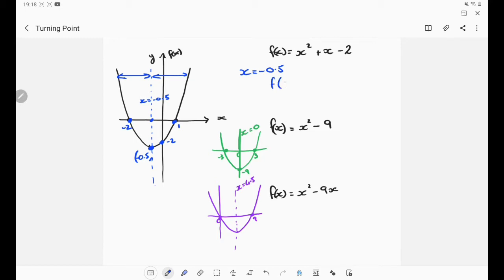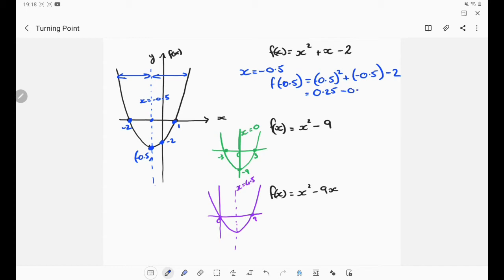So f of -0.5 is equal to -0.5 squared plus -0.5, take away 2. So -0.5 squared, your negative is going to disappear and you're going to be left with 0.25.